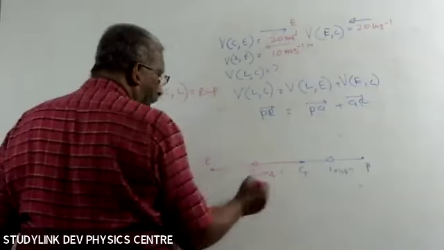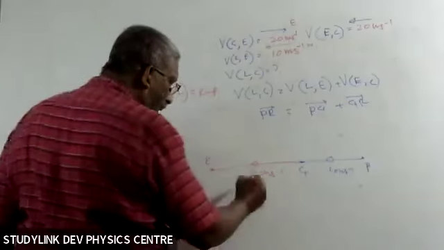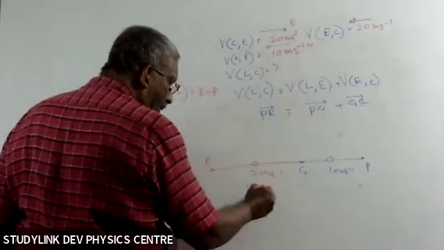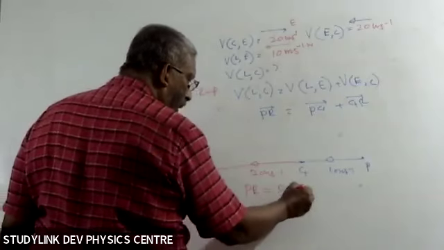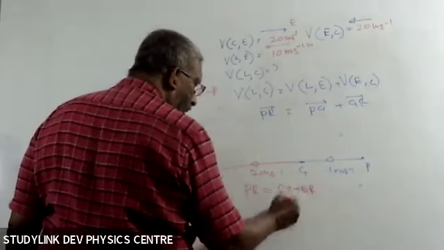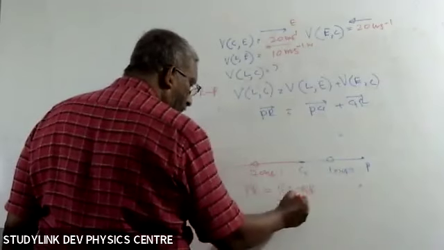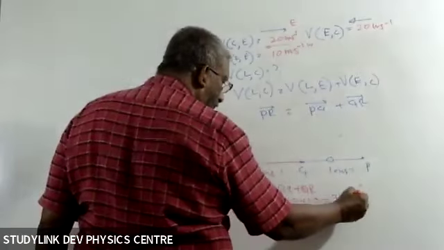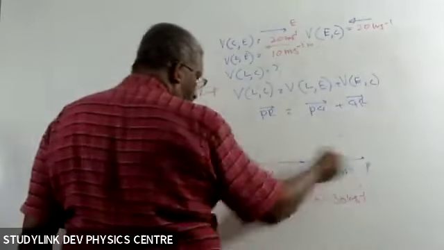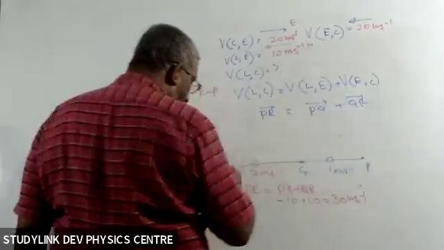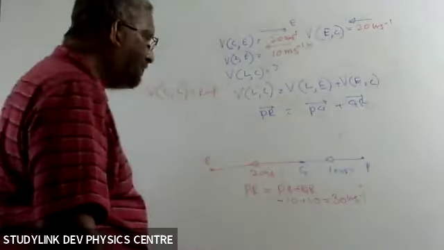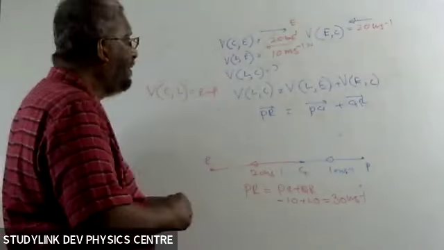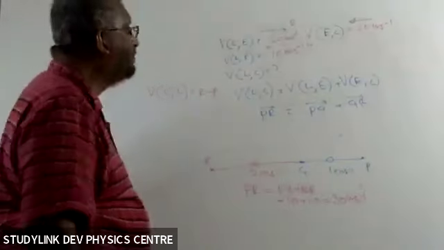Then our answer is PR. PR is equal to PQ plus QR. That means PQ is 10, this 20, altogether 30 ms minus 1. The direction of PR is west. Direction is west.